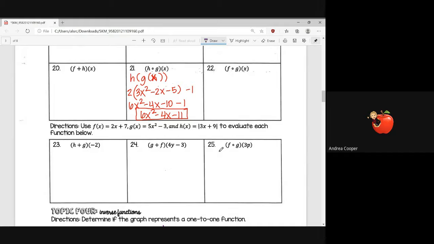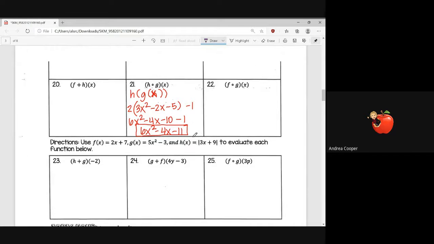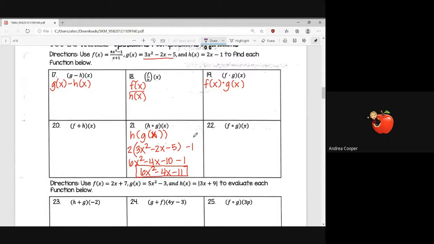I'll do 22. I'll do a composition. So this is written as f of g of x. So that means I'm going to put g into f. Okay, so that means this right here goes in for x wherever you see it in f. So this is going to be 4. Instead of x, I'm going to put 3x squared minus 2x minus 5, and then plus 1.